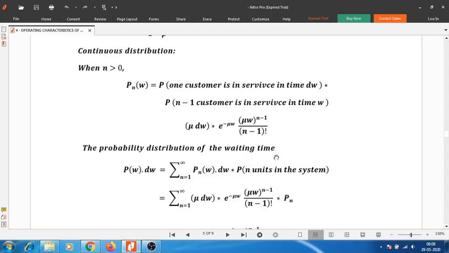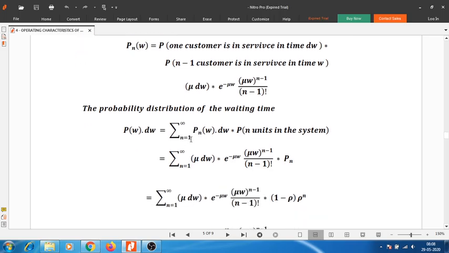Agreed? Now, my interest is the probability distribution of all the members, so we sum. Summation n is equal to 1 to infinity. Why? Because n equal to 0 is already determined in the previous step. So n from 1 to infinity, this term into the probability of n units in the system.